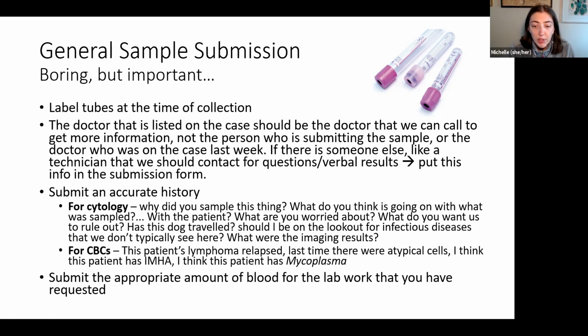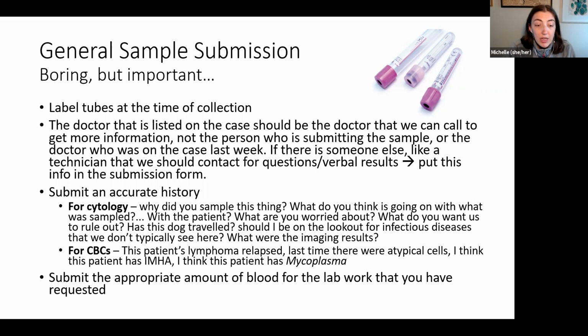So updating it will be really helpful to us. And if there were previously atypical cells seen, or a concern for a stage 5 lymphoma in a previous CBC, that will be helpful. Or even just, I think this patient has IMHA, instead of lethargy, or I think this patient has mycoplasma. All of those things will be very, very helpful to us.